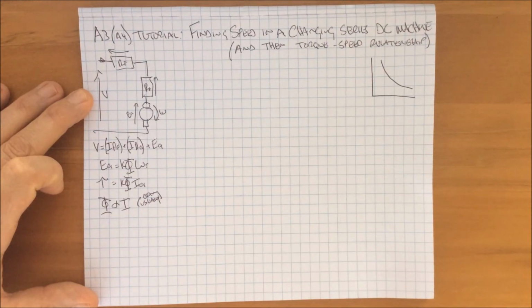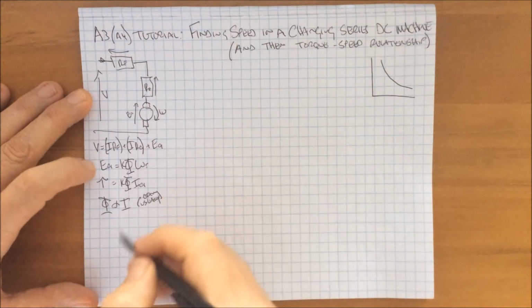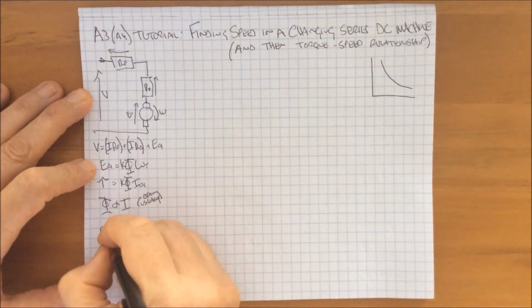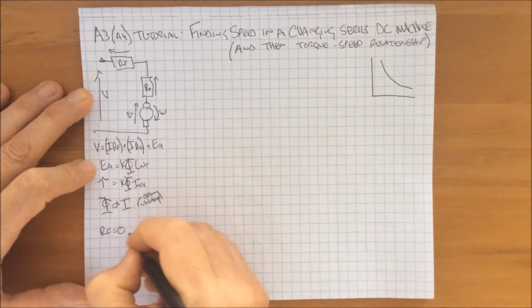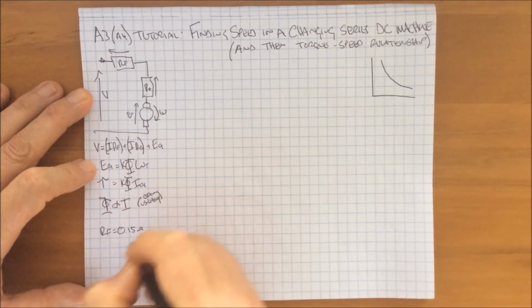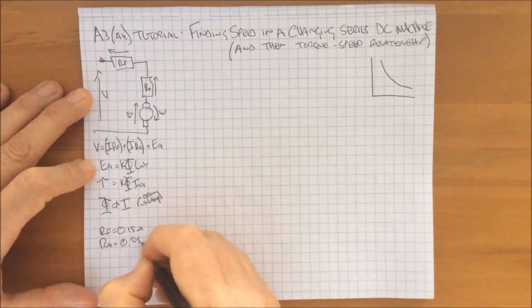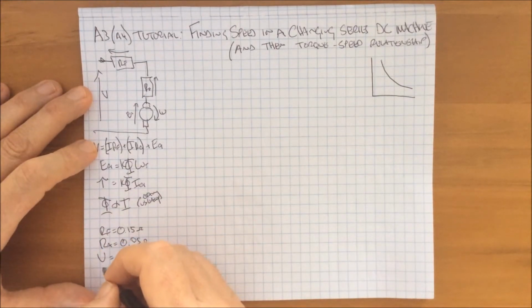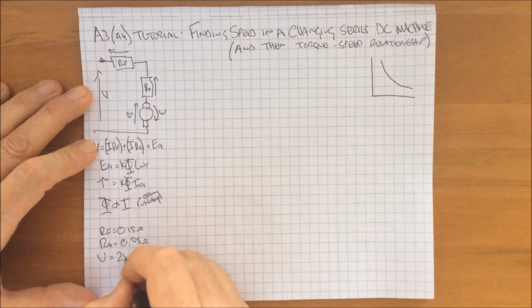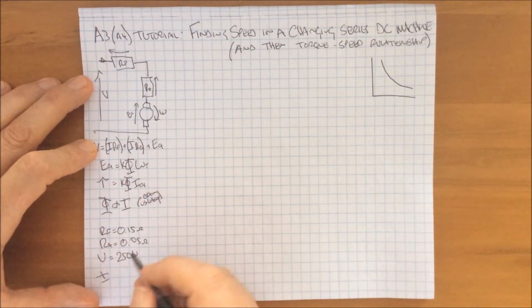Now, if the conditions change, first of all, we'll put some numbers on this. We'll say that the field resistance has been measured at 0.15 of an ohm, and the armature resistance has been measured at 0.05 of an ohm, and the input voltage has been measured, and we'll say that that's 250 volts, and we can measure the current in the existing situation.